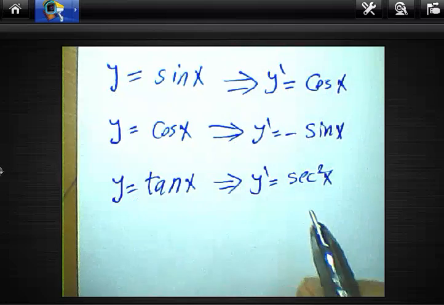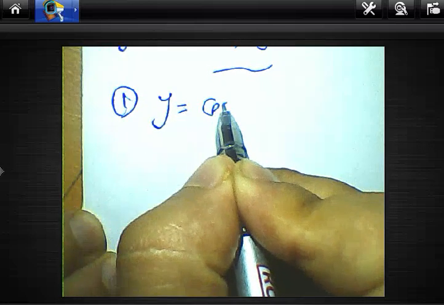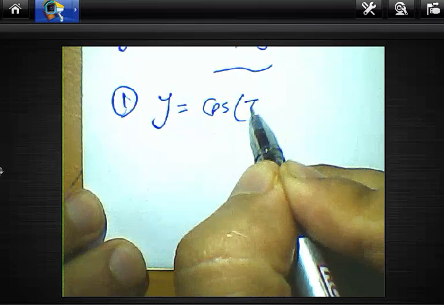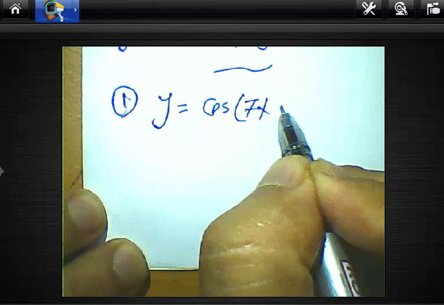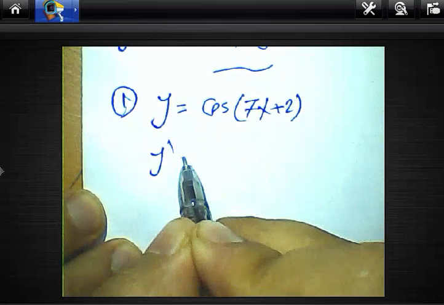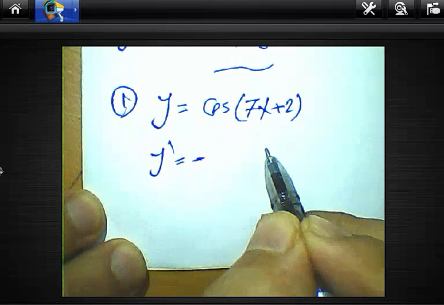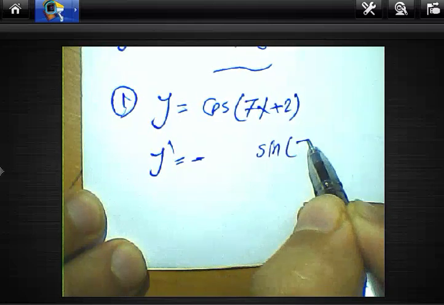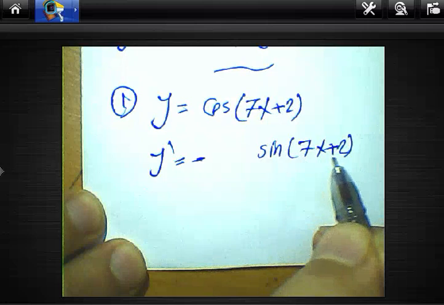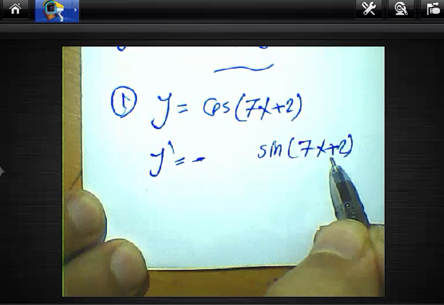Look at this example. We want to find the derivative of the function. Question number 1. y equal cosine of brackets 7x plus 2. We can find the derivative of cosine will be negative sine 7x plus 2, and we must find the derivative of this expression.